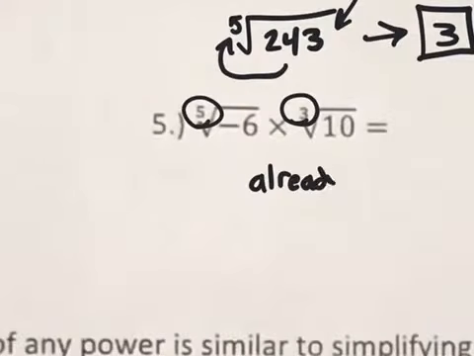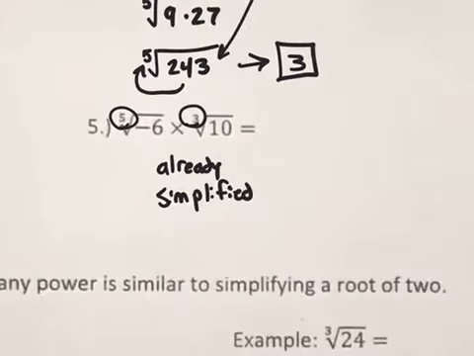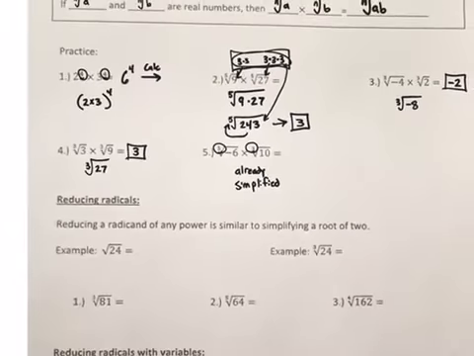And this will happen sometimes to where I'll give you a radical expression, and you might not be able to do anything to it at all, which trips people up because they're used to always being able to do something, but you'll have to be on the lookout. When you see those different indexes, there's nothing we can do with those. Those are already simplified. You'll see in the homework it'll list some like that, and in the instructions it'll say simplify if possible.